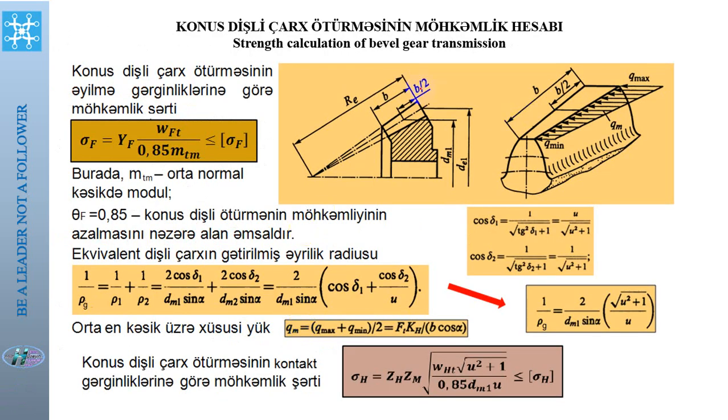Bevel gear strength calculations may also be explained on this slide. This is the bending stress, and this is the generally used contact stress. In these equations, ZH and ZM are factors depending on the materials and tooth forms, and wHt is the distribution load, wHt equal to Qm.